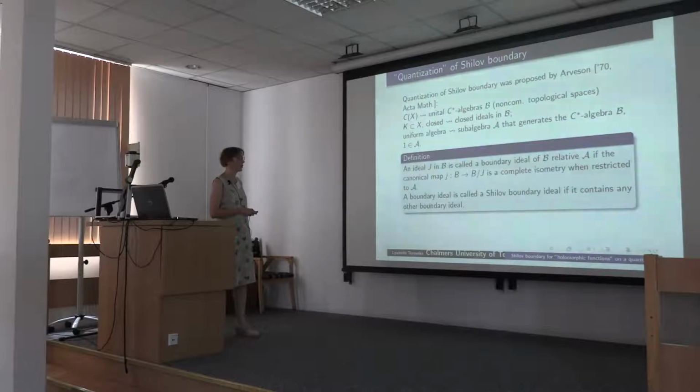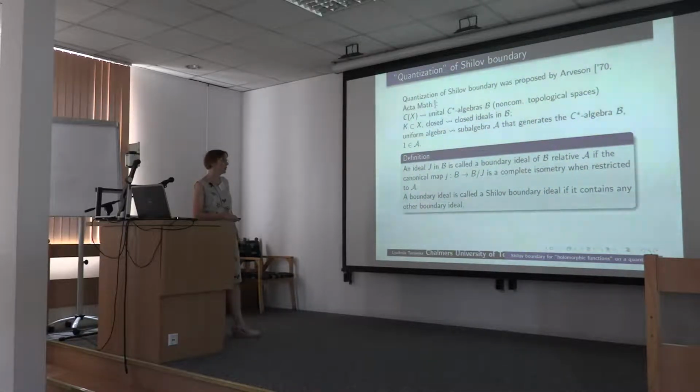I want not only that the map is an isometry from B to the quotient, but that its extension is an isometry from M_n(B), matrices over B, to matrices over B/J. That means it is a complete isometry. And I want it to be a complete isometry not on the whole of B, which cannot be, but when I restrict it to this algebra A.